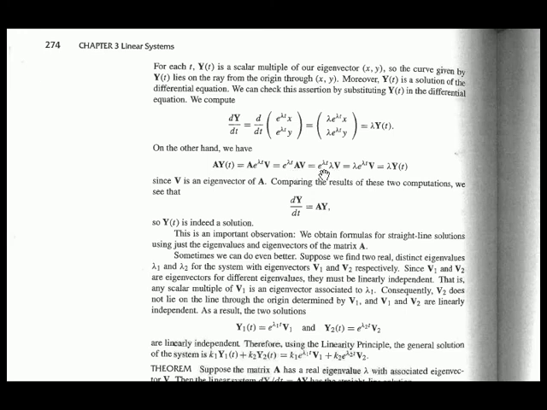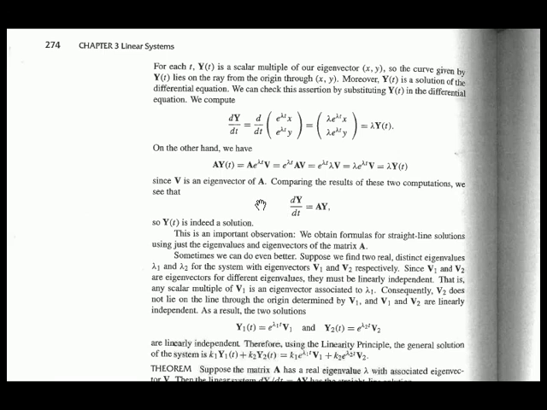Av is lambda v, because v is an eigenvector and lambda is the eigenvalue, and e to the lambda t times v is y, so that's just lambda y. So the two are equal. In other words, we plugged in e to the lambda t times v, where v is an eigenvector and lambda is an eigenvalue, into both sides, and they're equal. That proves that it's a solution.